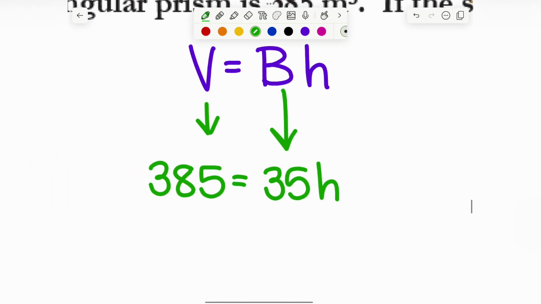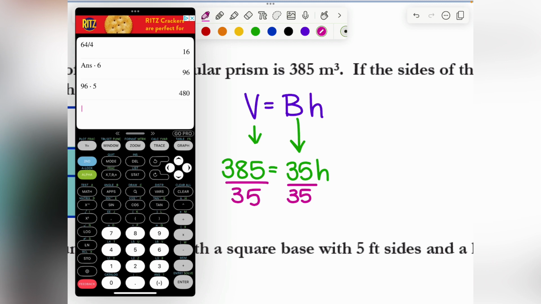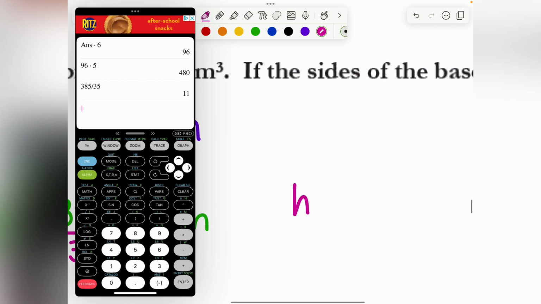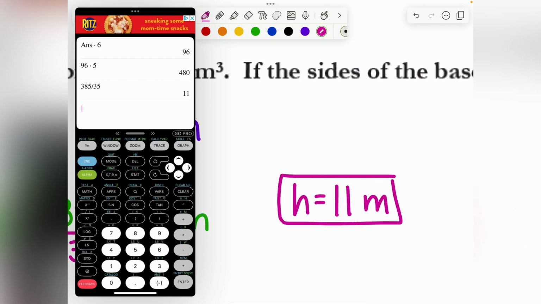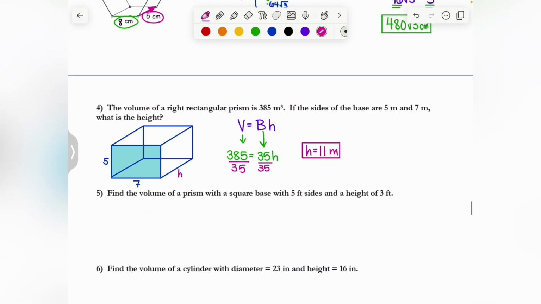And I'm solving for H. So to get H by itself, I'm just going to divide that over to the other side. So we have 385 divided by 35, and that is 11. And it's got to be meters. So that's a working backwards problem.